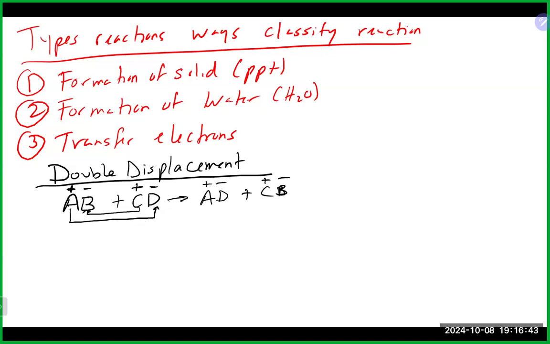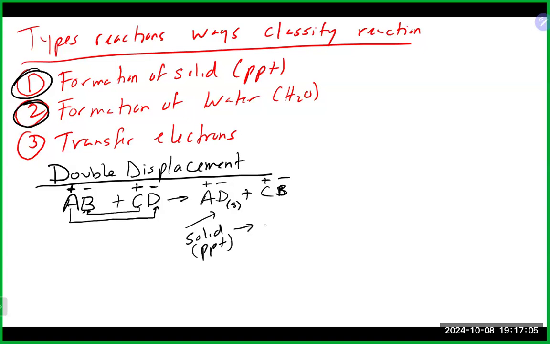Now, the double displacement reaction actually is the one that takes care of the first two reasons why a reaction takes place. When these guys switch partners, one time you may make a solid in one of these products. And that again is known as a precipitate.